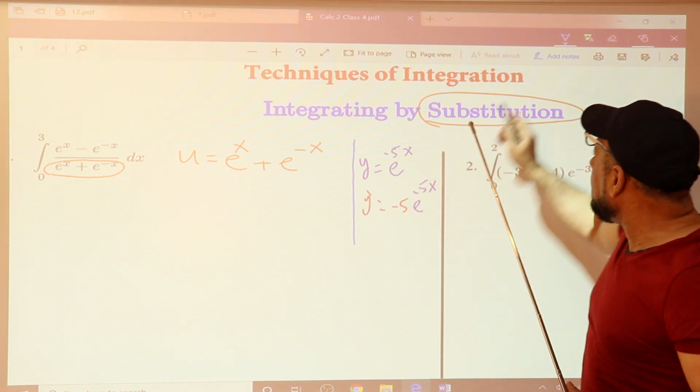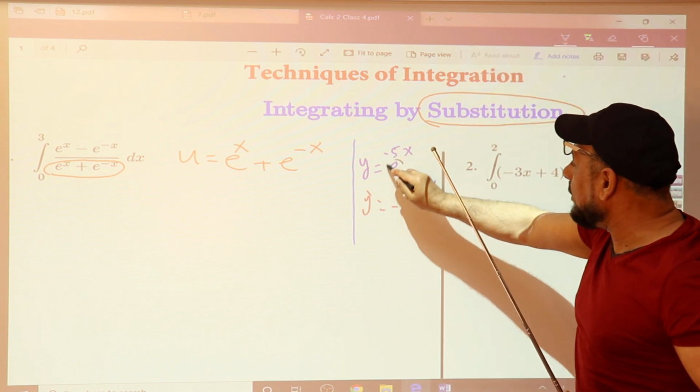Now this is the case when the base is e.